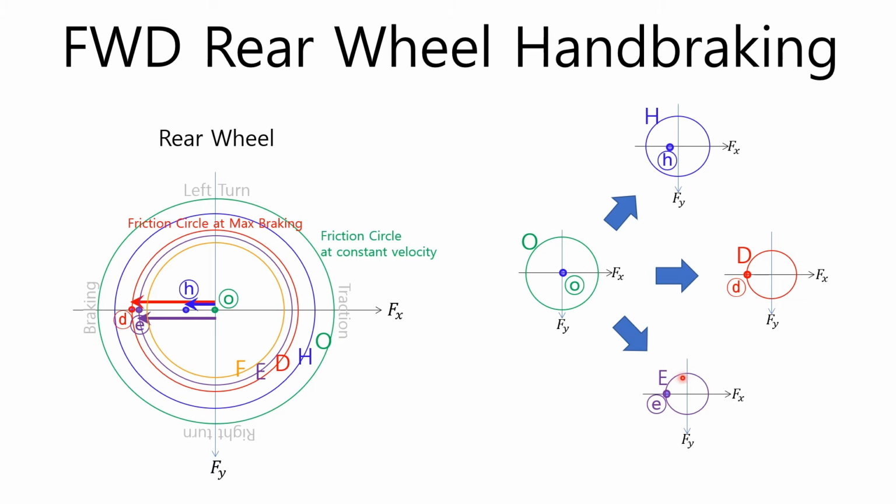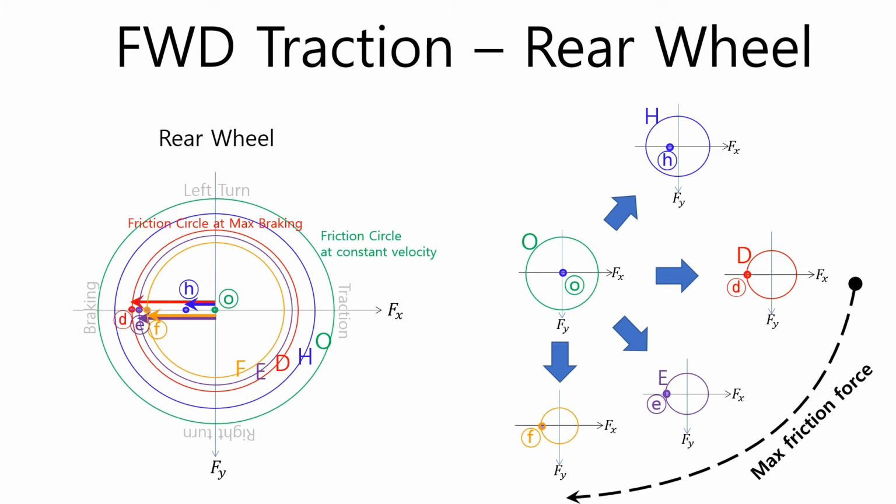The friction circle is reduced from circle D to circle E, and the operating state becomes point E, which exists on the circumference of friction circle E. As the absolute value of the braking slip increases, the friction circle decreases, and when the absolute value of the braking slip becomes 1, the wheel is locked and global sliding occurs. At this time, the operating state is point F and it exists on the circumference of the friction circle F.